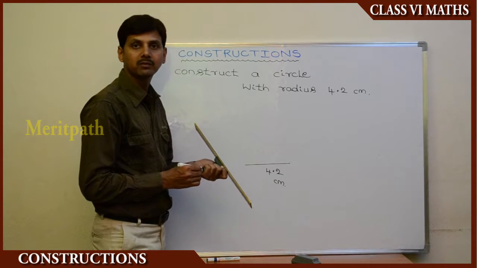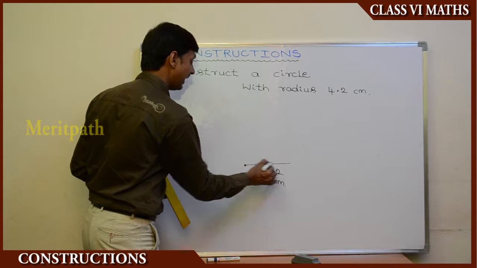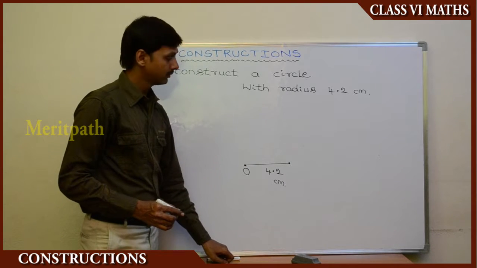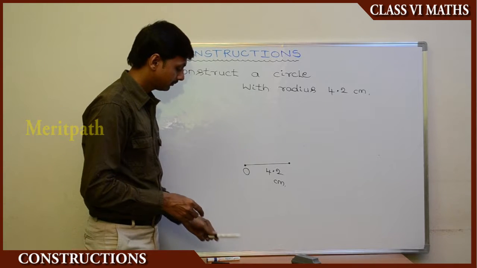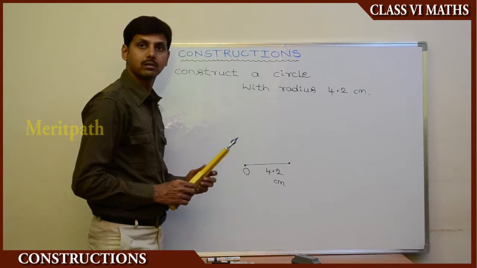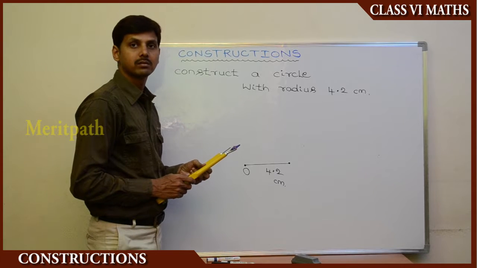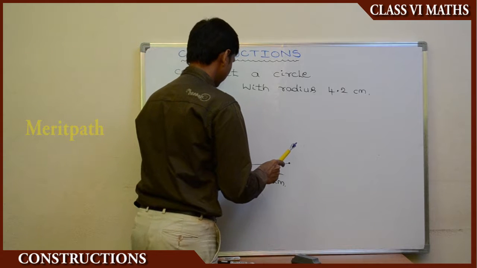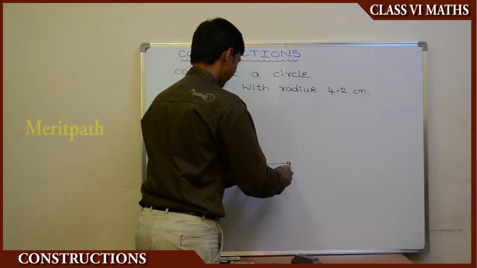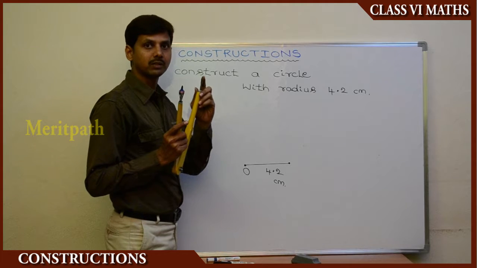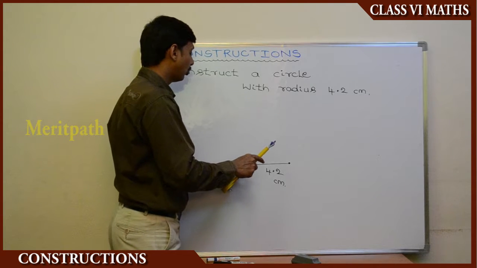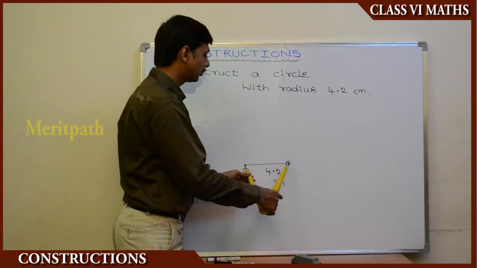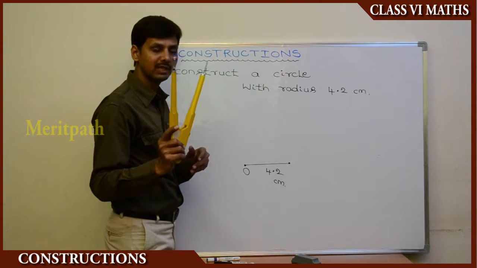So let's take one of the points as the endpoint, O, the center. Here the center of the compass we have taken at O, and another point on the compass. So this is the 4.2 centimeters radius we have taken.